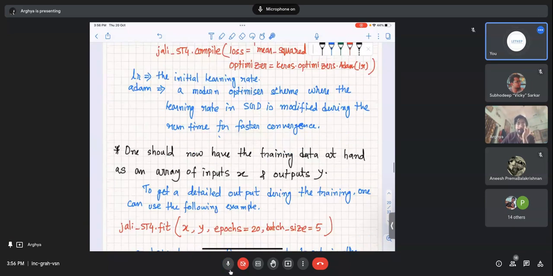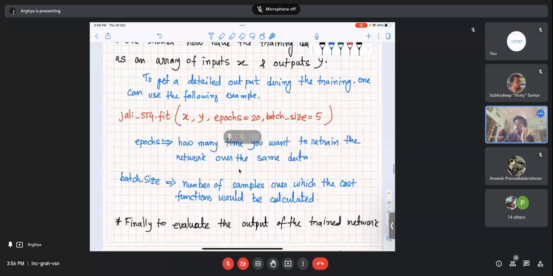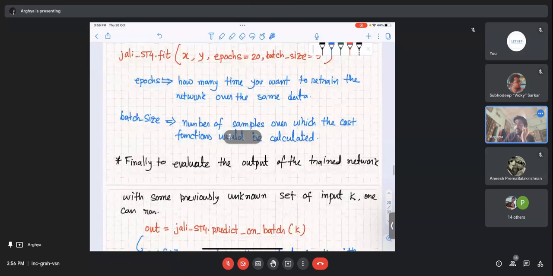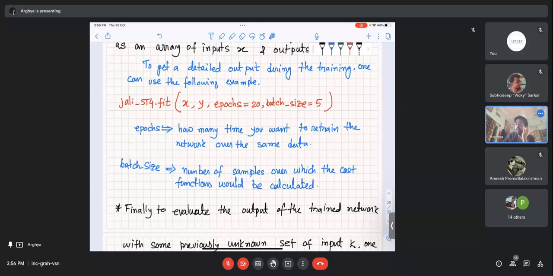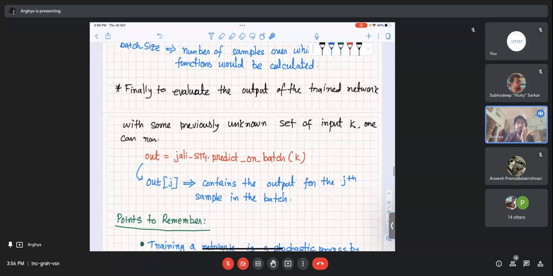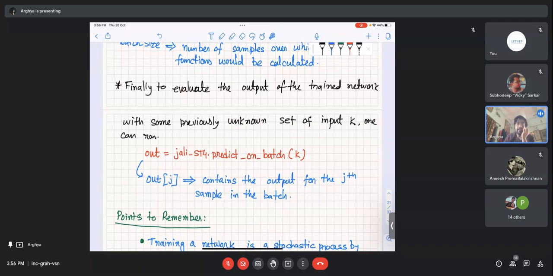Okay, good. So once you do that, you have gone through this batch size training, these epochs and all those things. Now you are at the stage where you want to see how good your network predicts. To do that, you just have to call predict on batch.